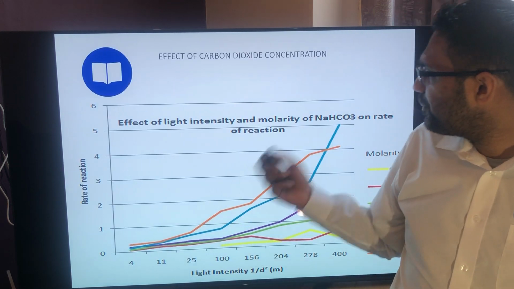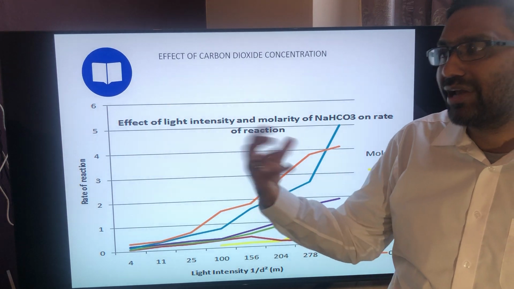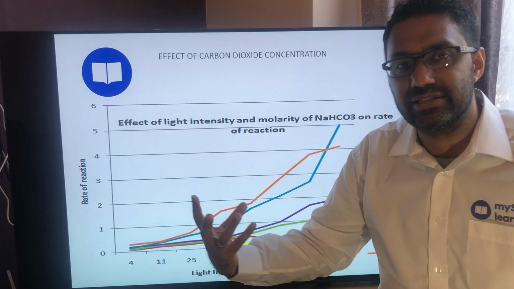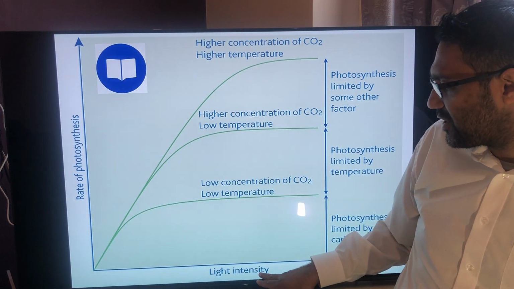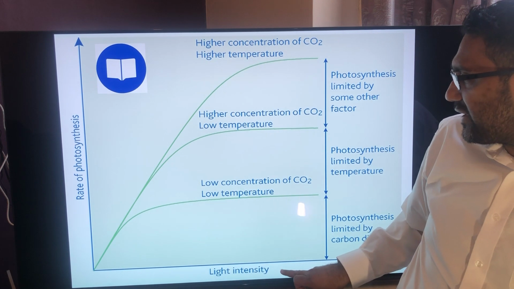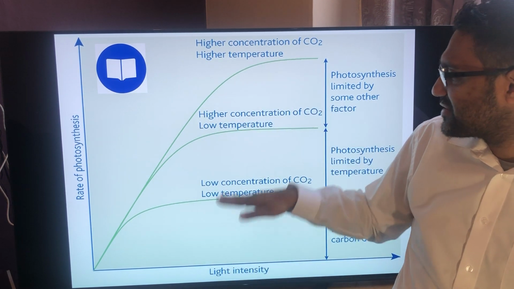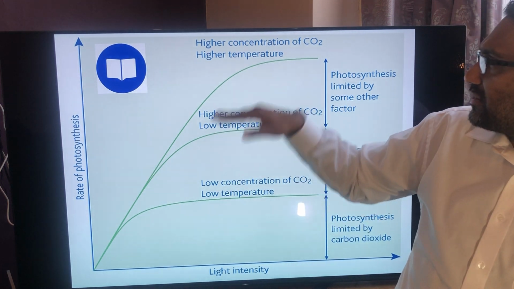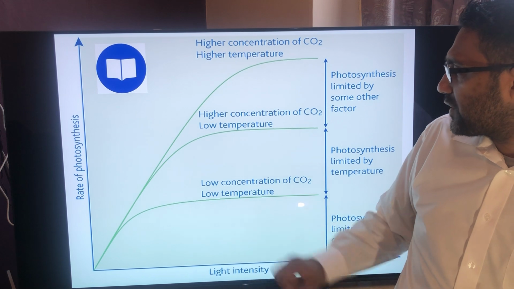Well, for carbon dioxide, obviously it's a reactant, so the more reactant you've got, the more product you can make, faster. So you get a similar graph to this. If this wasn't light intensity but carbon dioxide, so you had CO2 increasing here, you'd still get the same shape graph. What it will say is low light, medium light, high light. Okay, so you get the same shape.